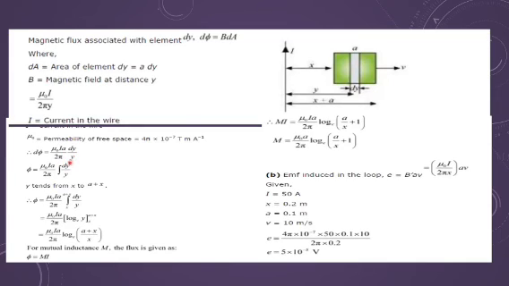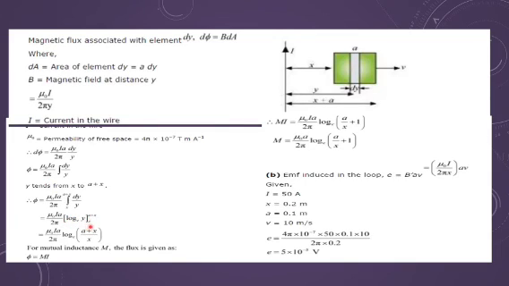When I want to find the total flux, I have to integrate within the limits x to x plus a. Mu naught, I, a and 2 pi are constants and can be written outside, and inside the integration I get dy upon y. The integral of 1 upon y dy is log of y, so you can use that formula for the integration.